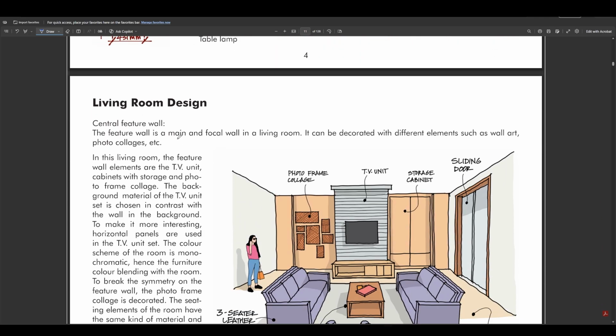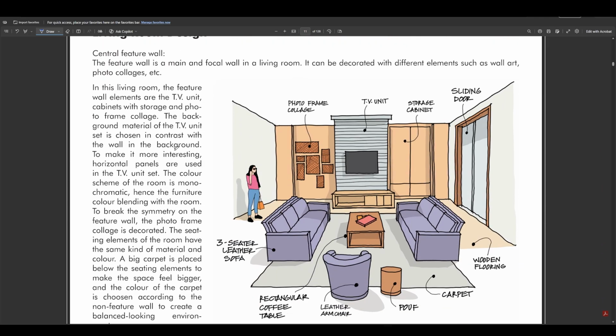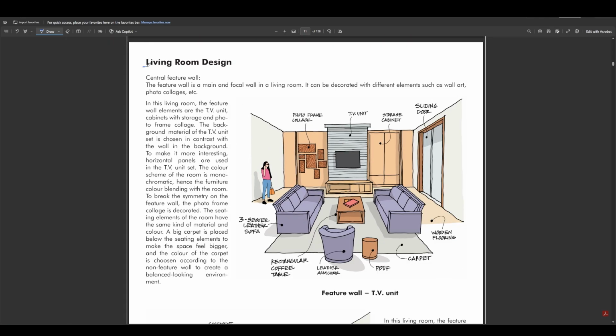Okay. So when we design a living room, we should plan the space. We need sitting, we need the table, and we need a connection, and then a visual. So this is a three-seater plus three-seater plus a single seater, so almost seven-seater.